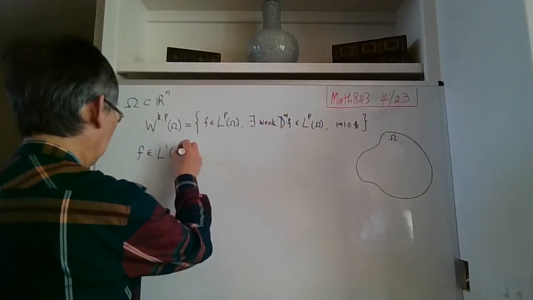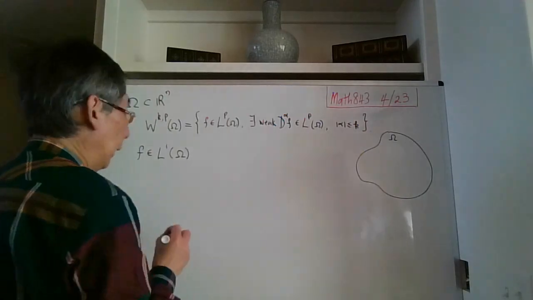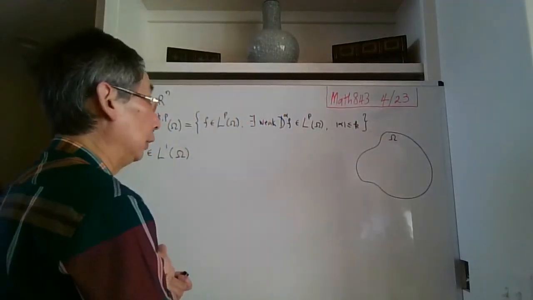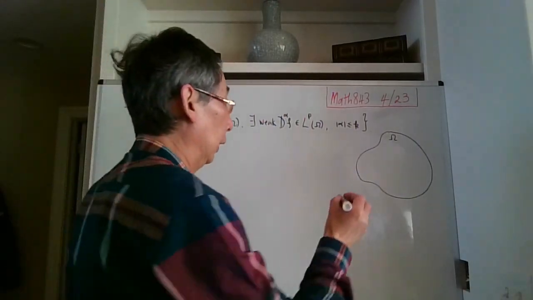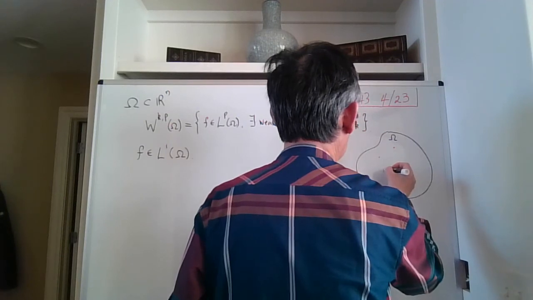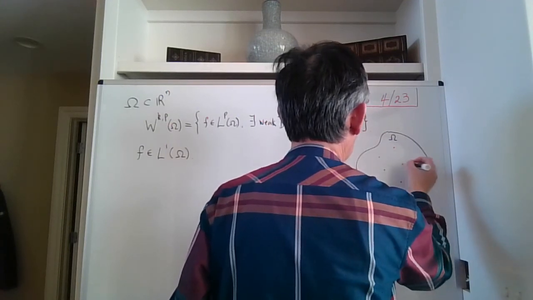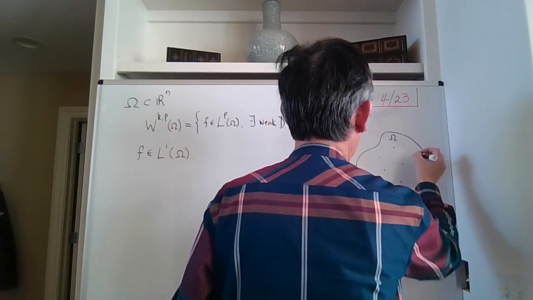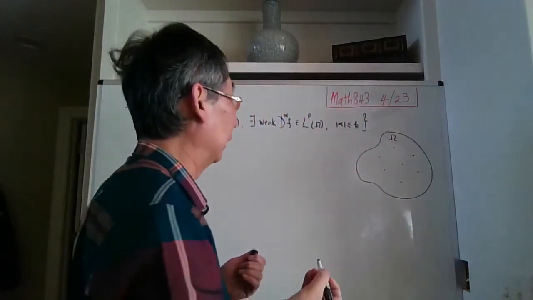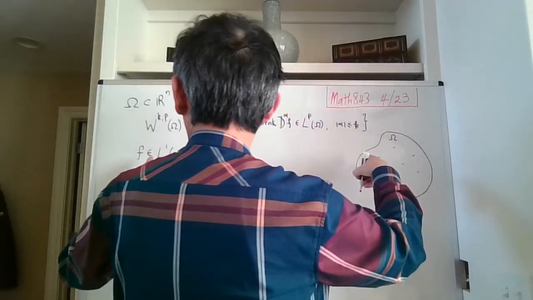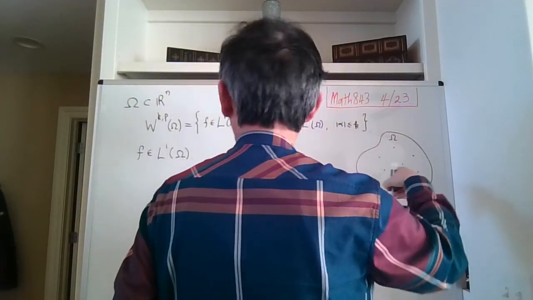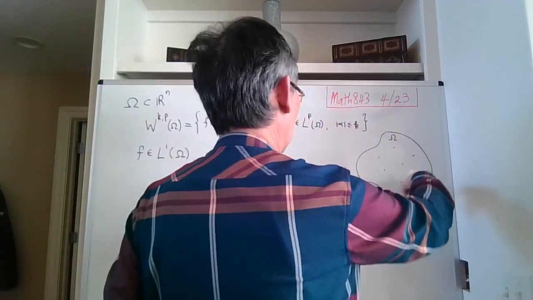So this is Omega, and the function is defined on this Omega, and the function is almost everywhere differentiable except at a few points. Let's say you have a finite number of points here, say 7 points inside the domain, and at those points the derivative of f does not exist. Besides that, f is differentiable on the entire domain.